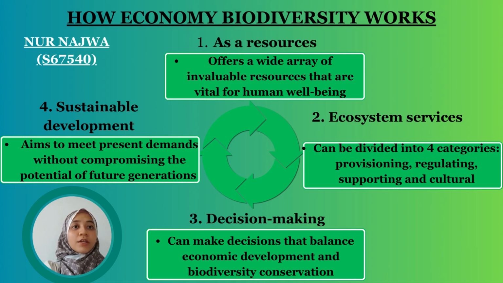Economic biodiversity is centered around the idea of ecosystem services. Humans derive these benefits from ecosystems, which can be divided into four categories: provisioning, like food and raw materials; regulating, like climate control; supporting, like nutrient cycles; and cultural, like recreational and spiritual benefits.